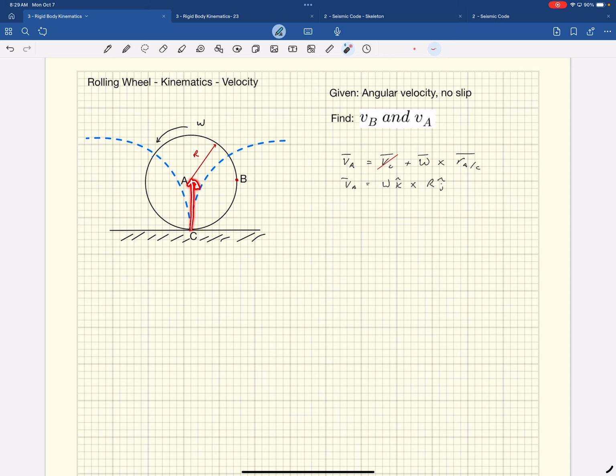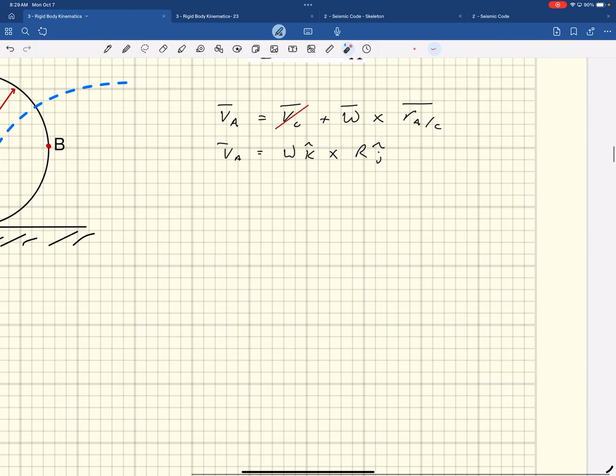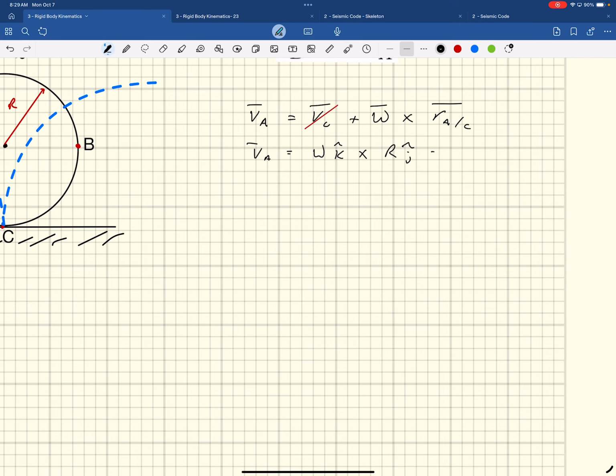That's R in the j direction. So now we got k, coming out, crossed with a j, gives me a negative i. Is that right? K crossed with a j gives me negative i. So this would be equal to R omega in the i direction, a negative.